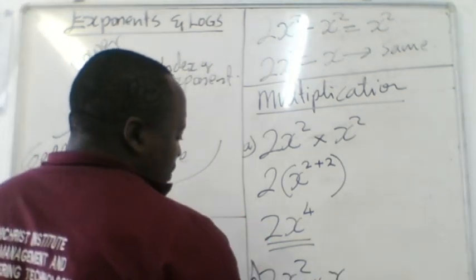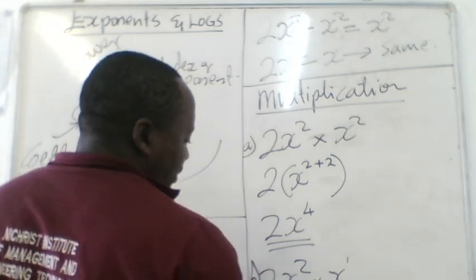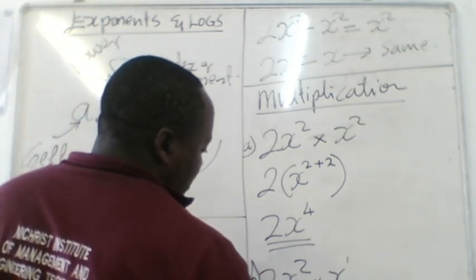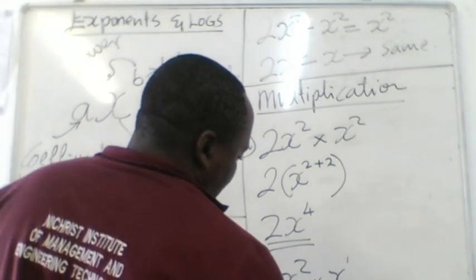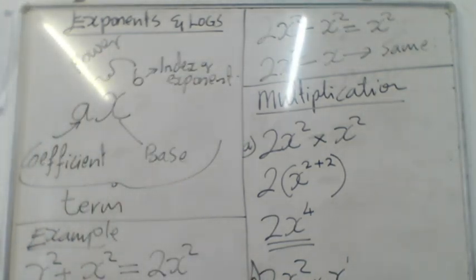So say 2x to the power 2 plus 1, because there's a 1 here. So it gives you 2x cubed. So that is when you are multiplying exponents. This is the behavior of exponents.